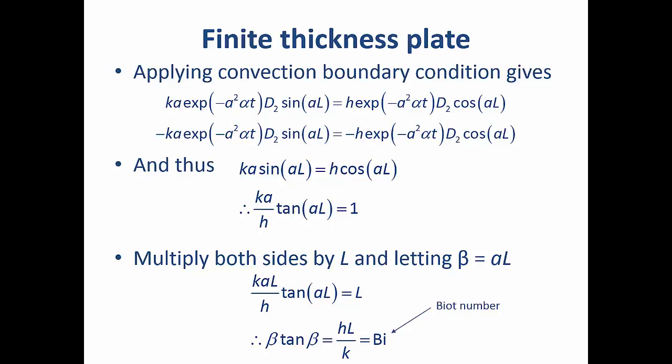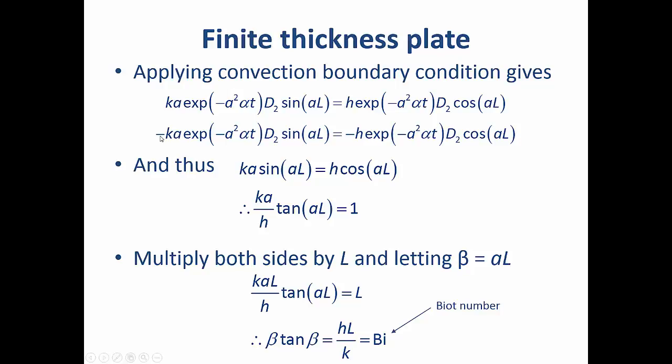Thus, applying boundary conditions gives us two equations which are essentially identical. At the top surface, where x equals L, we get k a times the exponent of minus a squared alpha t times D2 times sine AL equals h times the exponent of minus a squared alpha t times D2 cos AL.